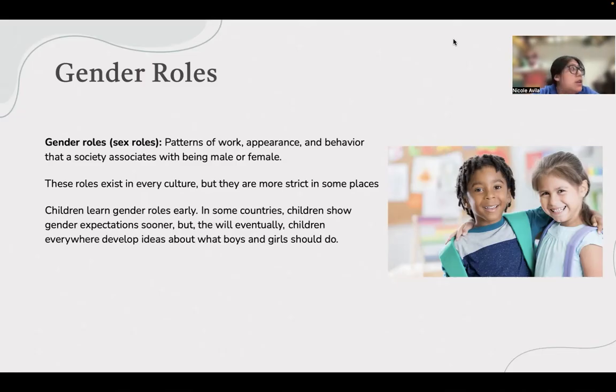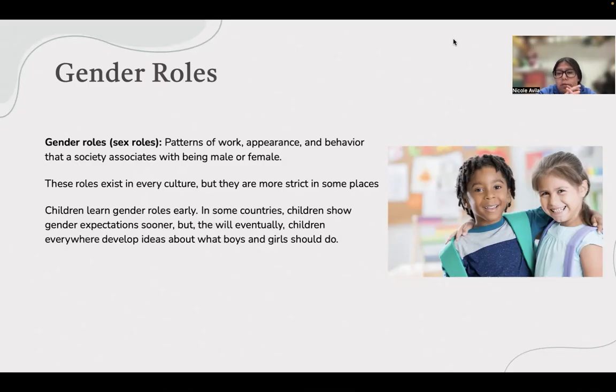These roles exist in every culture, and they're more strict in some places. The idea of gender roles is how boys or girls should be based on their culture or their society. So in many cultures, boys have to be brave, active, and strong, while girls might be expected to be nice, gentle, and a little bit more quiet.